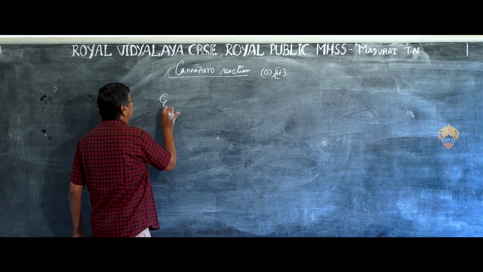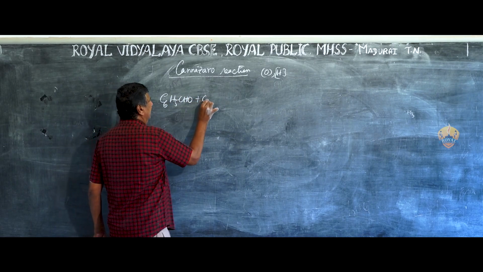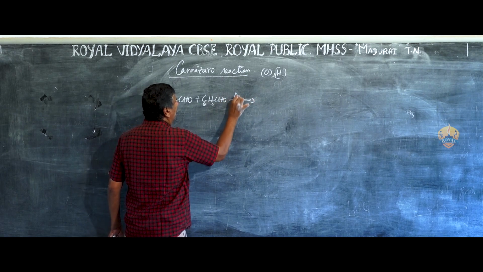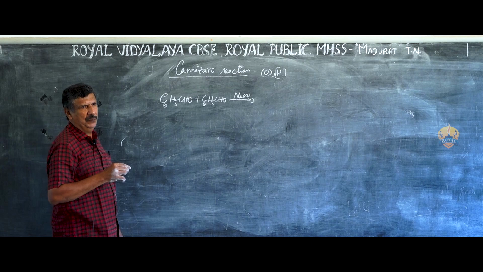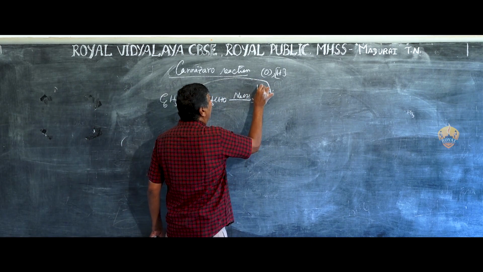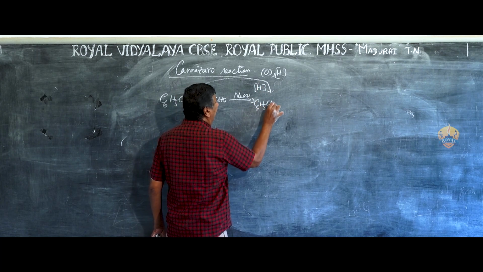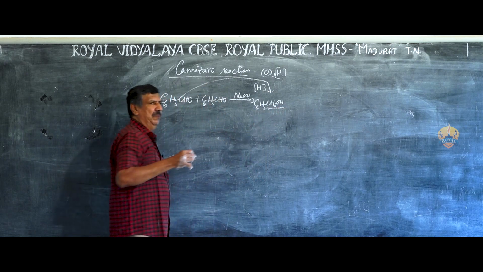You see, I am writing benzaldehyde with an alkali. What am I going to do? One aldehyde is reduced. When any aldehyde is reduced, it converts into primary alcohol.